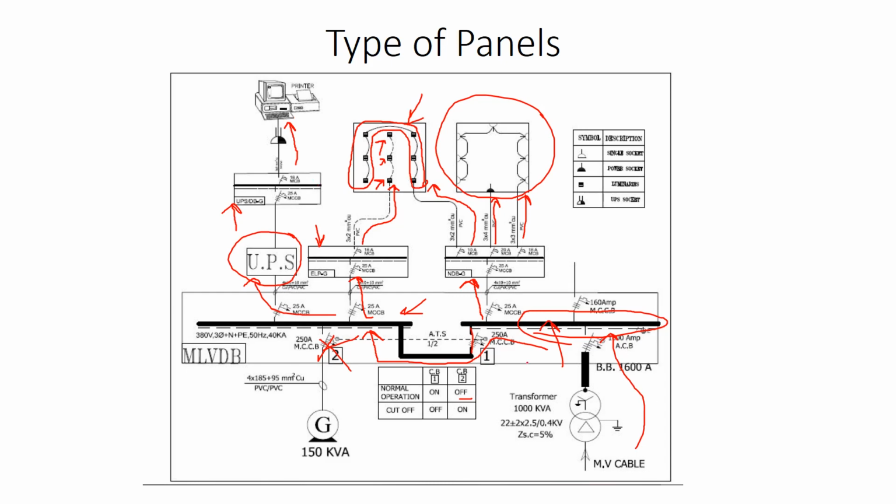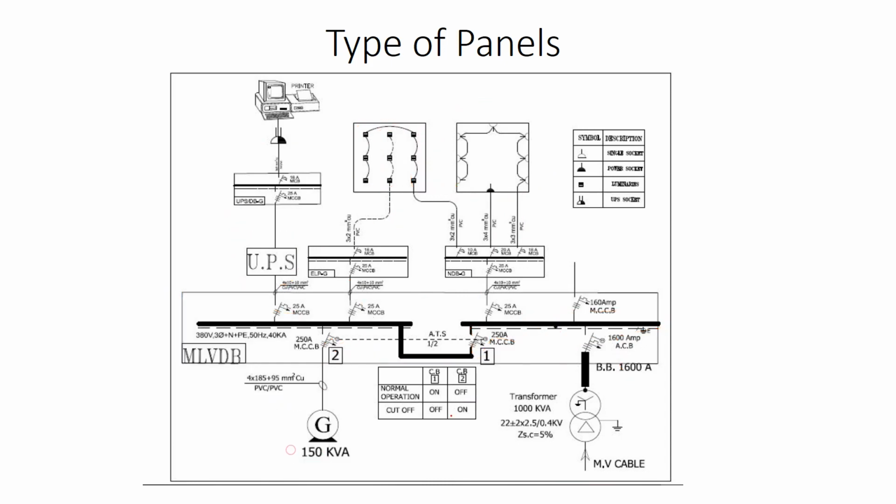So this is the normal case, where all of our system is working. Now let's delete all of this and see the cut-off state. Circuit breaker number 1 will be off, circuit breaker number 2 will be on. It will be connected like this.